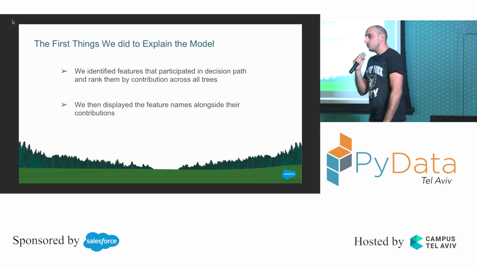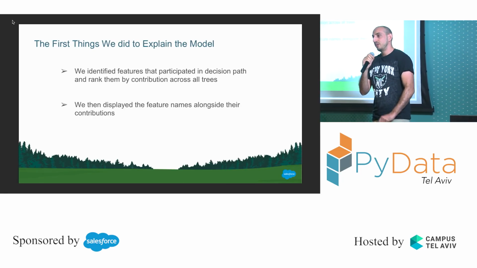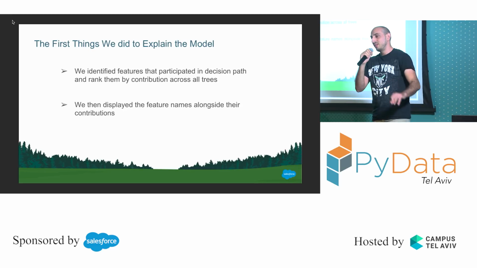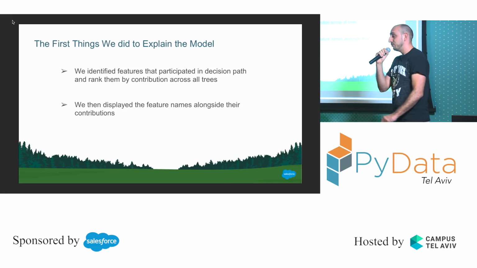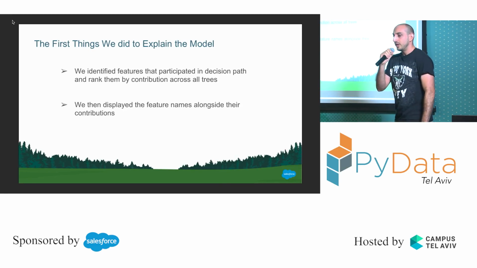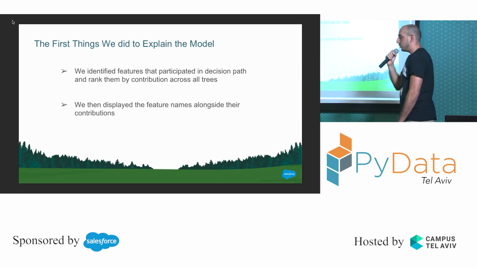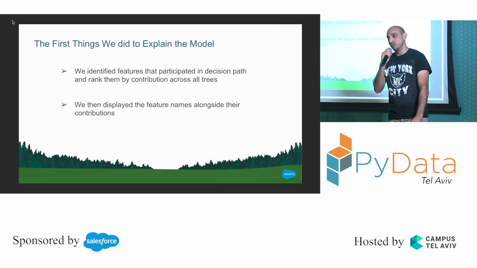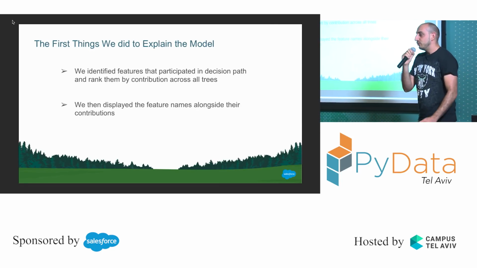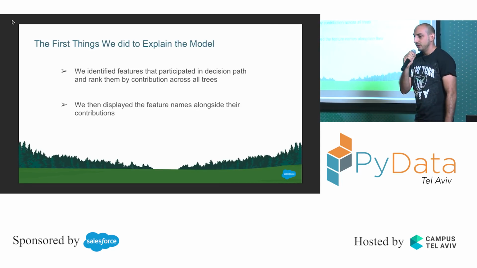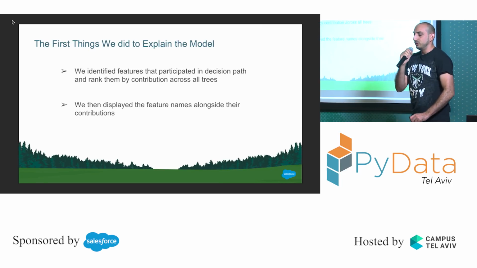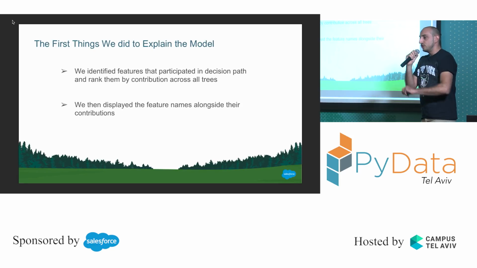And we did what we usually do when we encounter a new project. We start out with the simplest possible solution we can think of, and we decided that we'll make it as complex as we need it to be. So in this case, what we decided is the most natural approach. We said, hey, a random forest is composed of many trees. A tree is a relatively easy model to extract the decision from. We just look at the decision path.